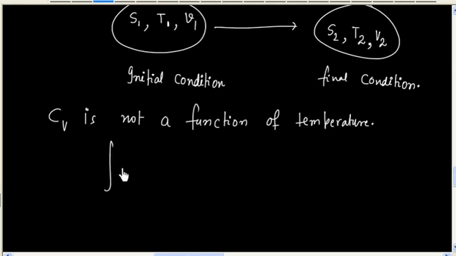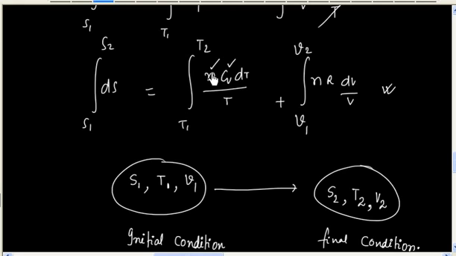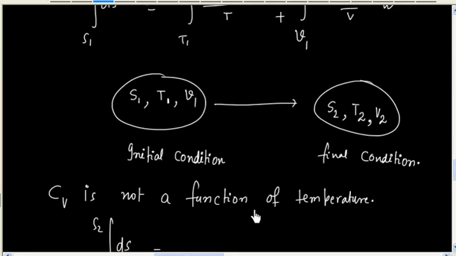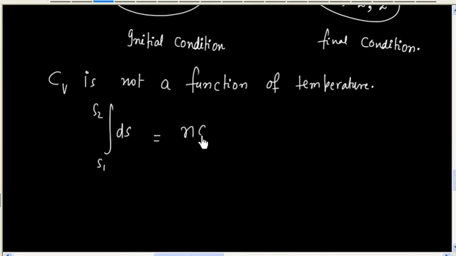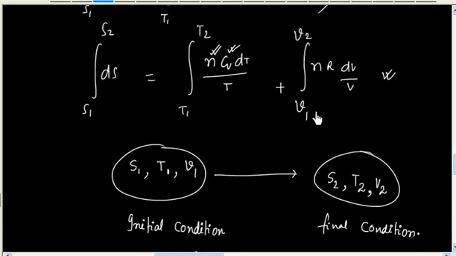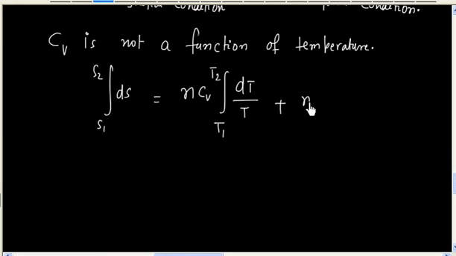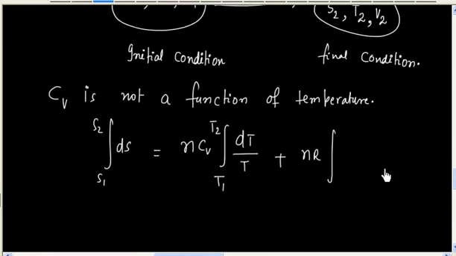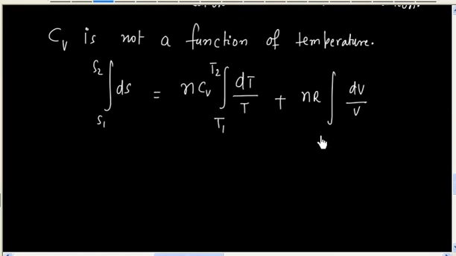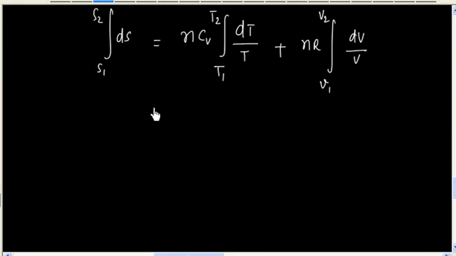In that case, nCv goes outside the integration sign, and nR also goes outside the integration sign because these are constants. So this is simply dT by T from T1 to T2, plus dV by V from V1 to V2.